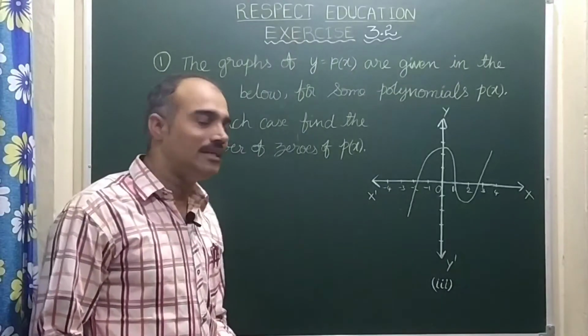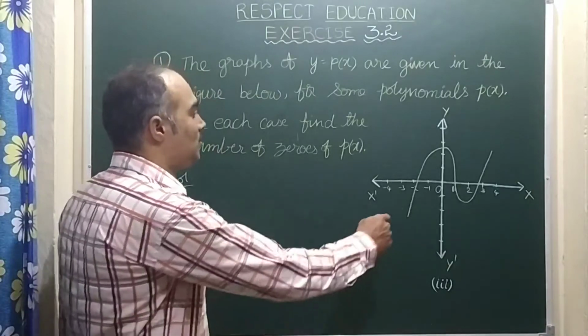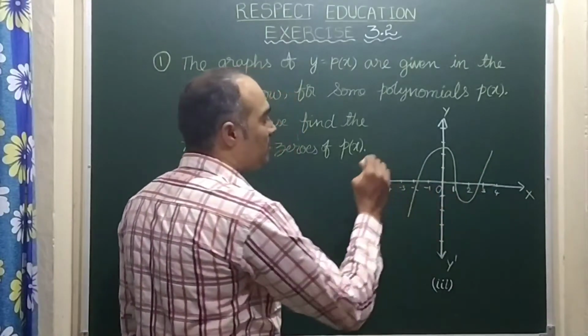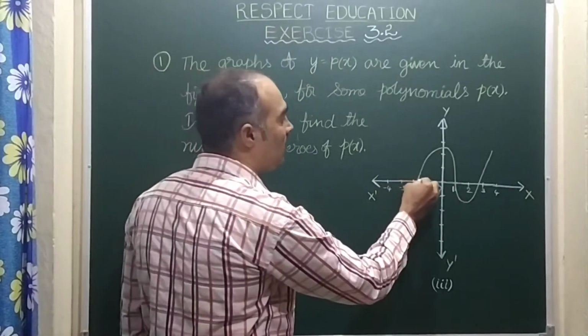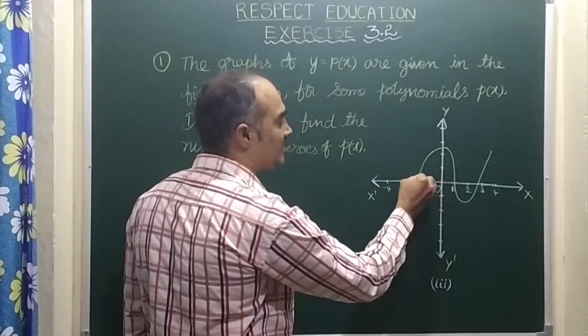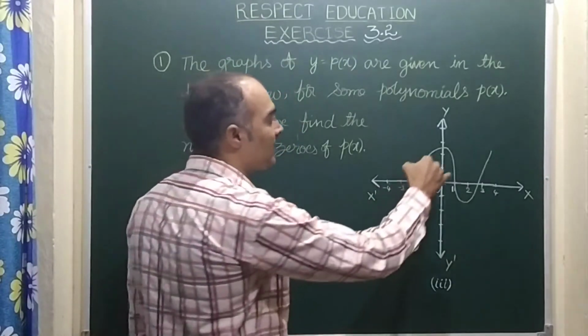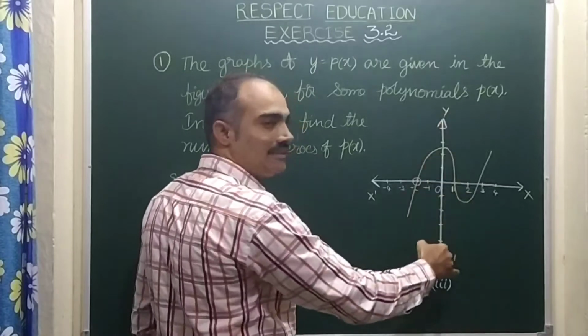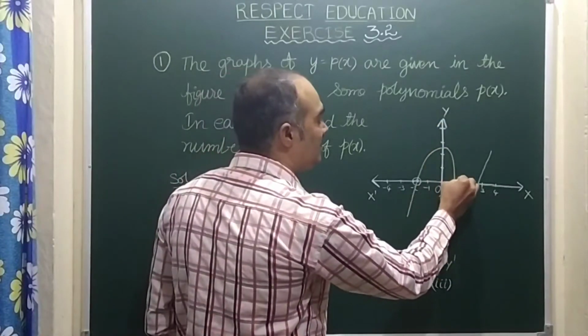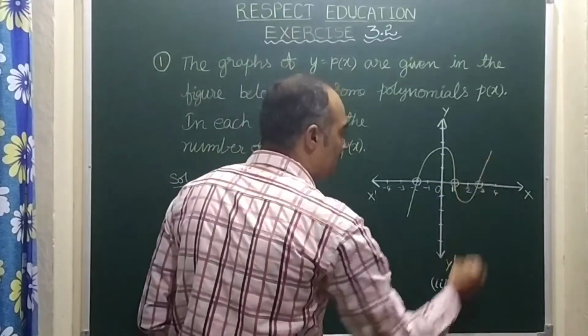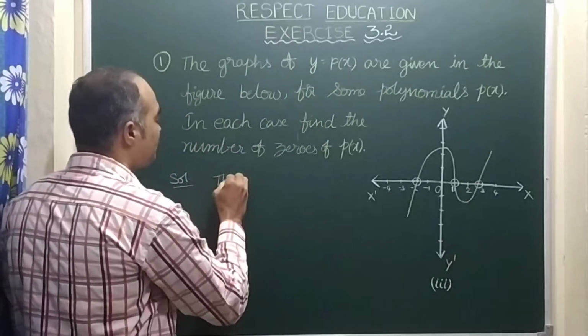Now let us see the next bit, that is the third bit. So this is the given graph. Before starting the answer, let us count at how many points the graph intersects the x-axis. This is the first point. This intersects, but it is the y-axis, so we need not count it. So this is the second point, this is the third point. So let us write the answer now.